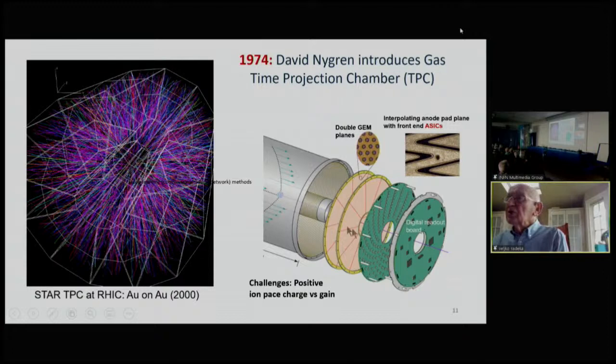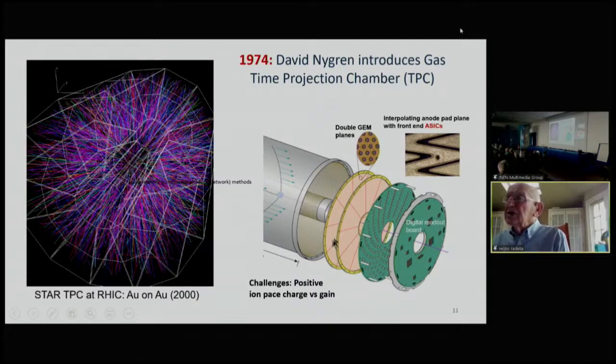Showing a somewhat expanded view, not of this TPC, but of the general smaller CPC with 2 GEM electrodes shown and pad electrode integrated closely with front-end ASICs.